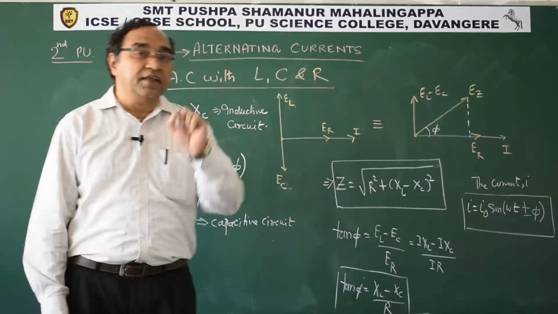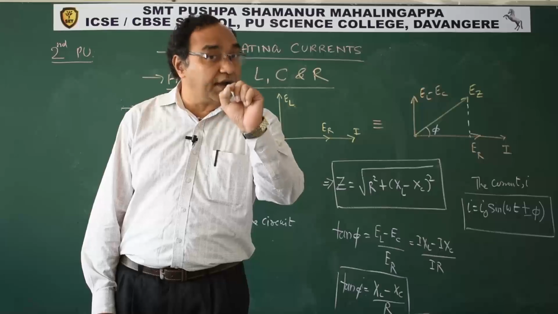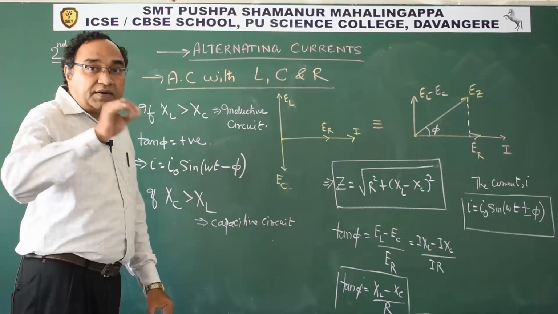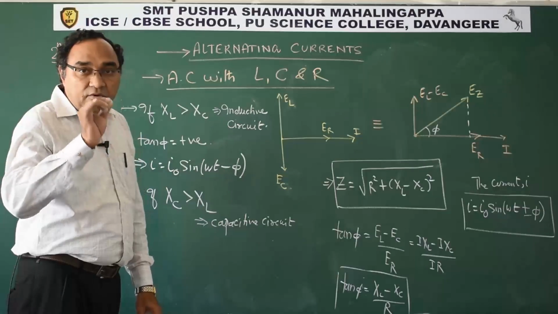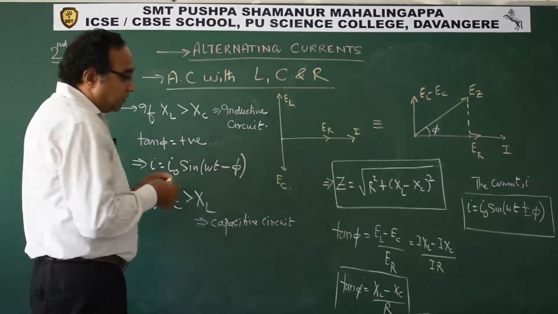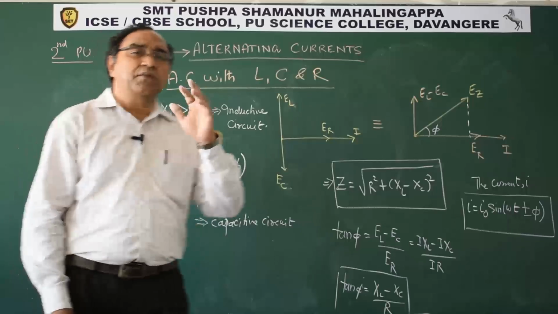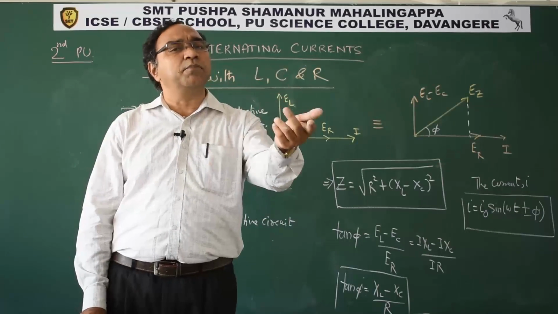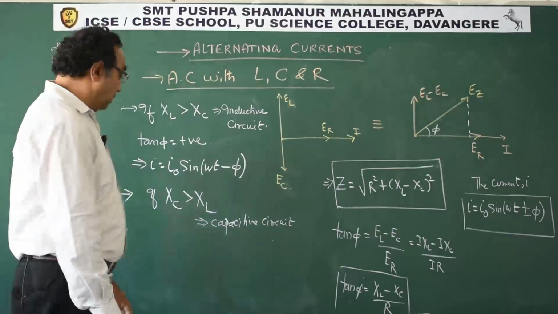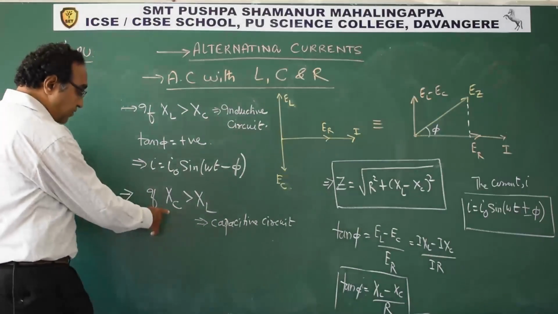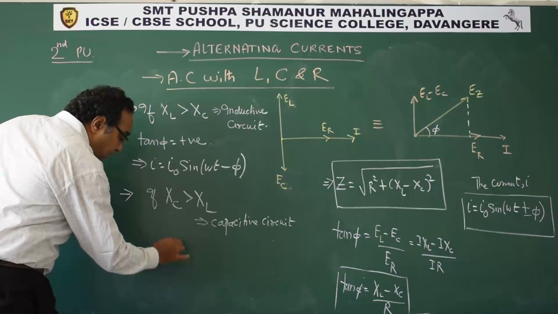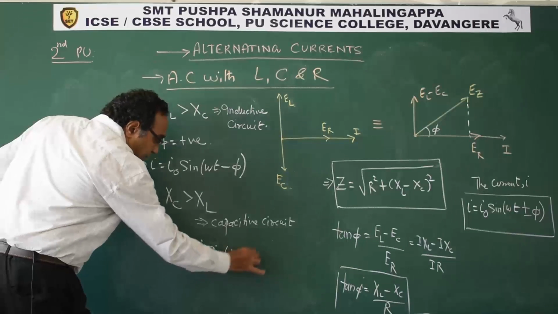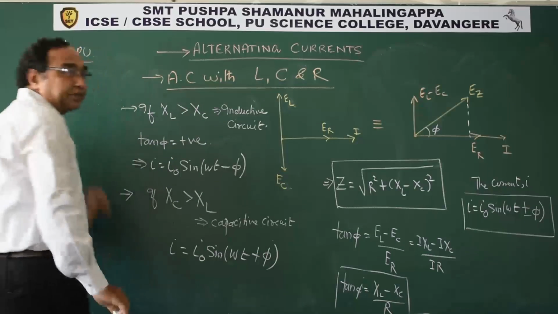This gives us an indication what kind of circuit it is, because these are the fundamentals of solving any question from AC circuits. Many types of questions are framed. Predict the nature of the circuit. Identify the 2 components. Questions like that will be there. That time you will face difficulty. Please understand, that is why right now. So in a capacitive circuit, I is equal to I naught sine of omega t plus phi.